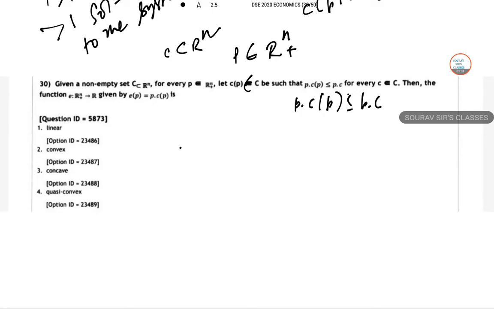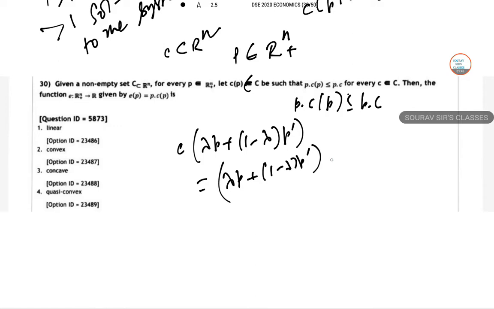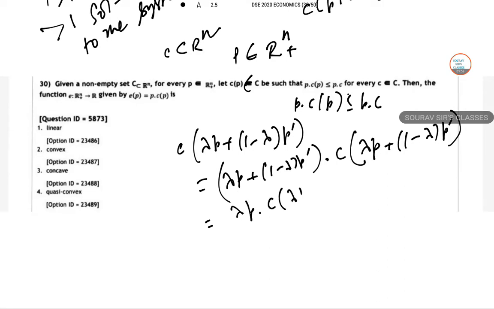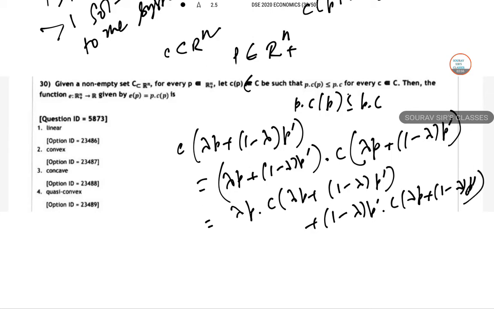Okay, so now taking lambda P plus 1 minus lambda into P prime, if we multiply, we get lambda P dot C of lambda P plus 1 minus lambda P prime, and 1 minus lambda P prime dot C of lambda P plus 1 minus lambda P prime.